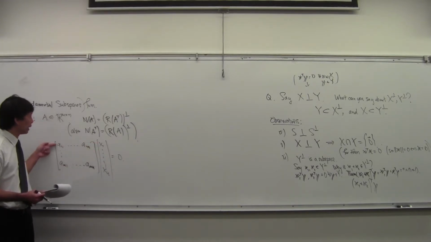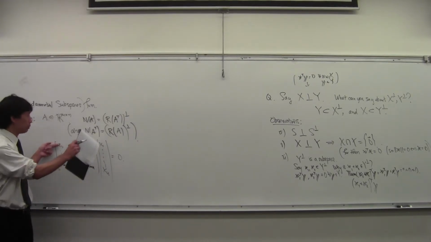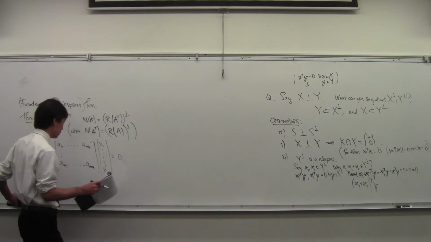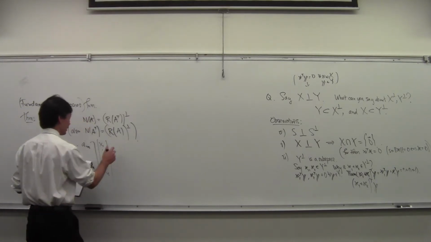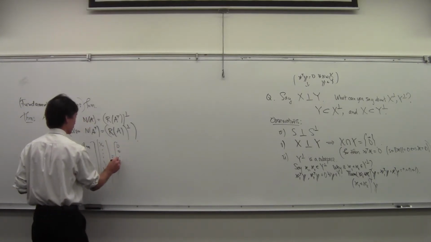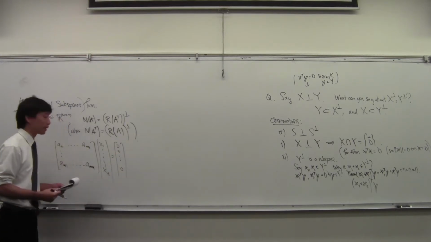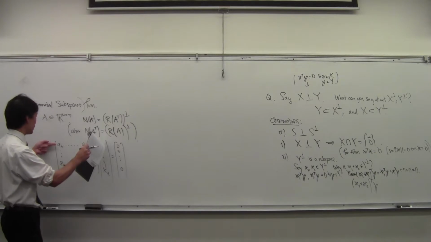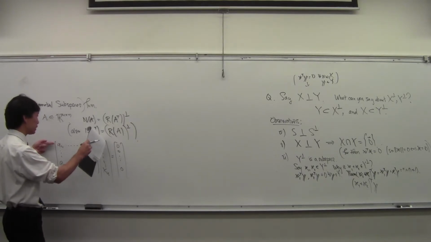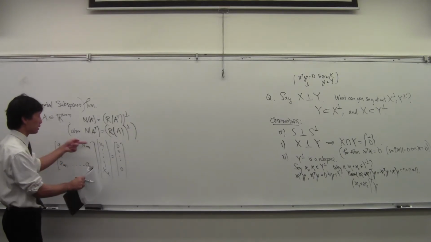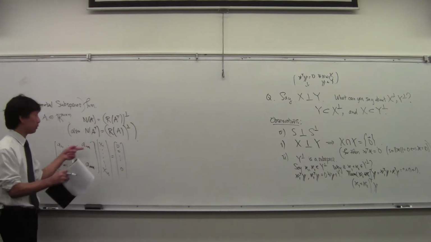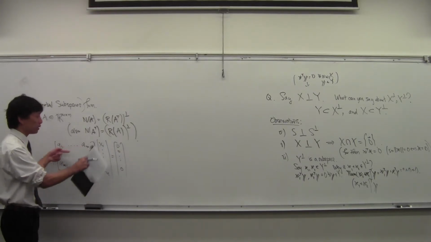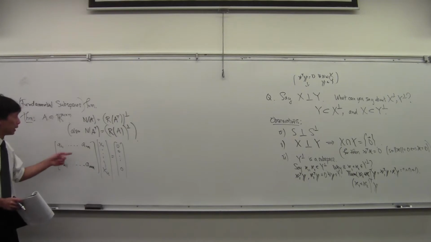So if you take Ax, this is 0, 0, 0, 0, 0. Right? So what does that mean? That means if you take the first row against this x in the null space, you get 0, right? The second row against this, you get 0.